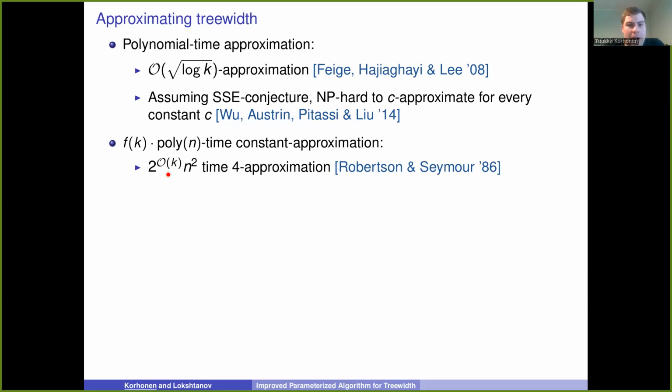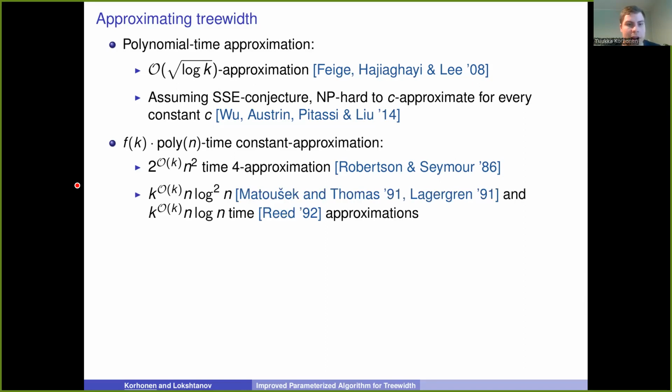So this is already much better dependence on k with some cost in approximation. The dependence on n in FPT approximation was then improved in the beginning of the '90s by Matoušek and Thomas and Lagergren and Reed to n log squared n and n log n. And then there was the '93 Bodlaender linear time algorithm.